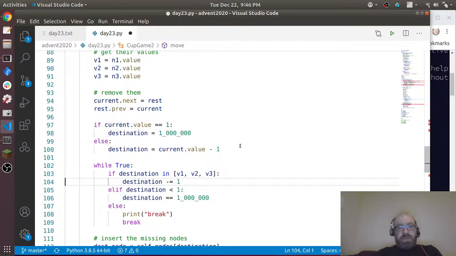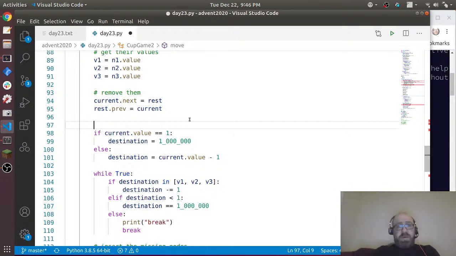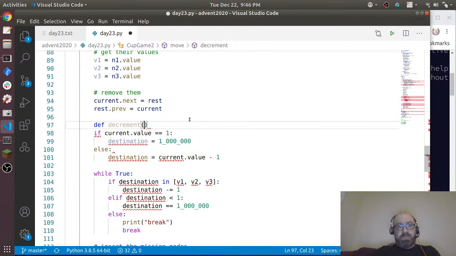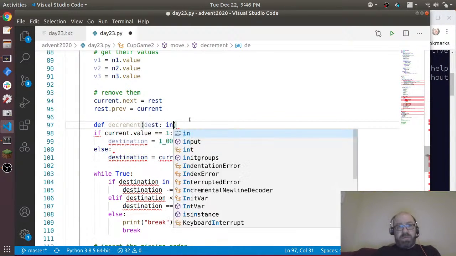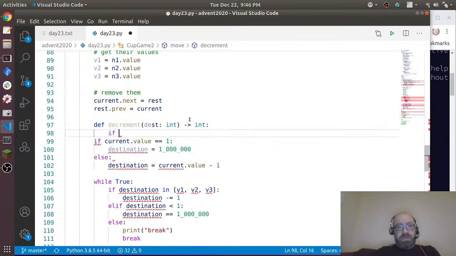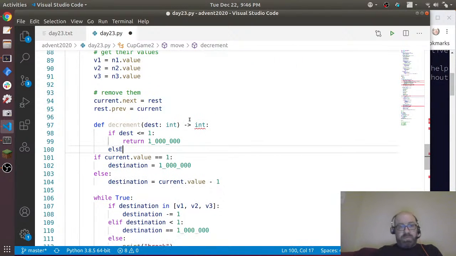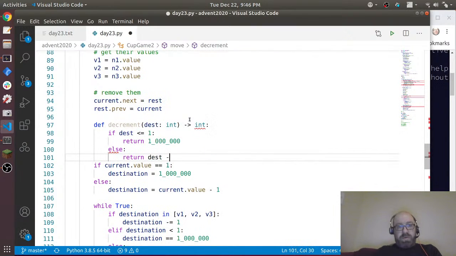If destination is in there, def decrement dest, which is an int and goes to int. If dest is less than or equal to 1, return 1,000,000, else return dest minus 1.